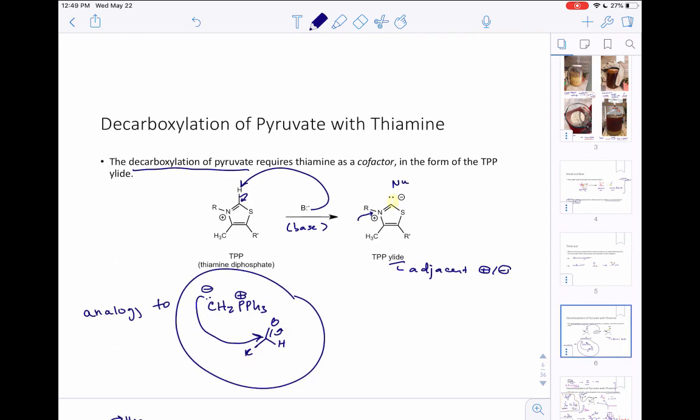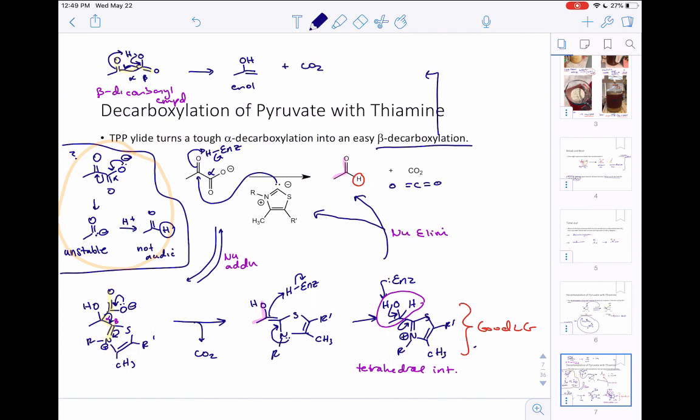Nature does these differently than we do, and the decarboxylation is going to occur with a cofactor called thiamine diphosphate, TPP, and it's going to facilitate the decarboxylation as an ylid, so the TPP ylid. What does it do? Well, it turns what would be a crazy alpha decarboxylation into a beta decarboxylation. So you should be able to do a TPP-mediated decarboxylation.